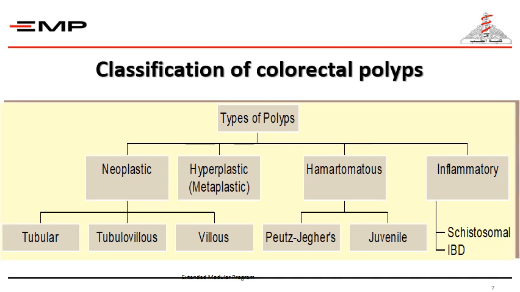The polyps associated with inflammatory bowel disease, that is ulcerative colitis or Crohn's disease, or in schistosomiasis, are called pseudopolyps, as they result from regeneration of the destroyed mucosa from the inflammation. These pseudopolyps are not the site of carcinoma, as cancer in inflammatory bowel disease arises from flat mucosa.